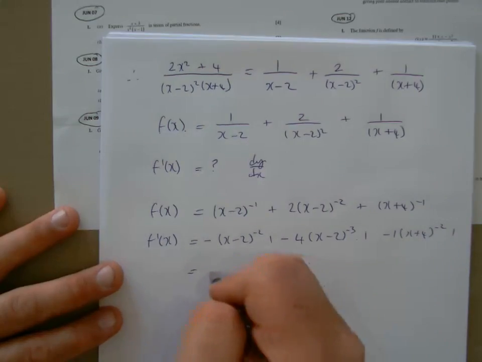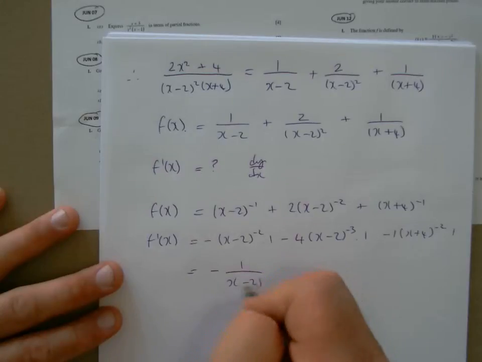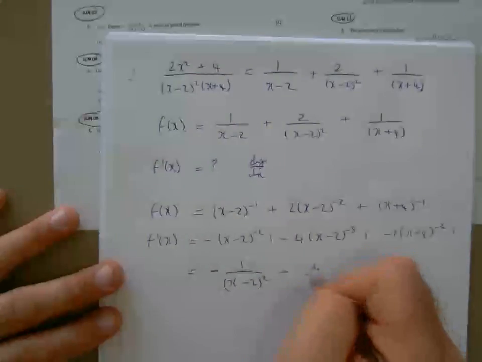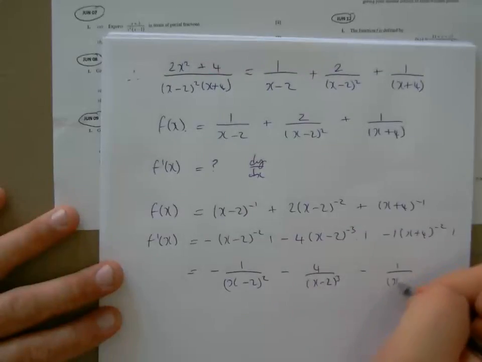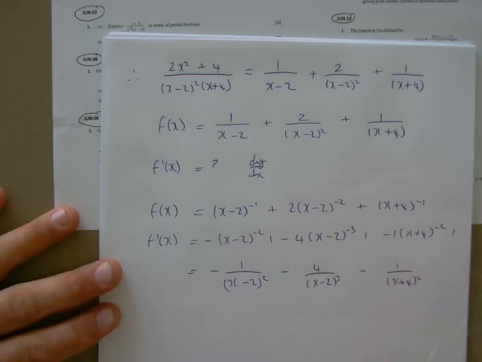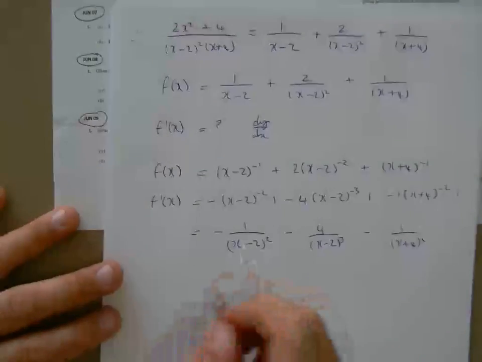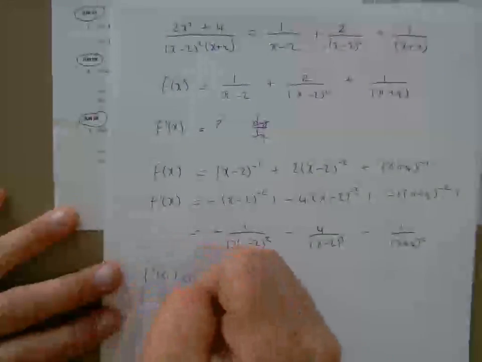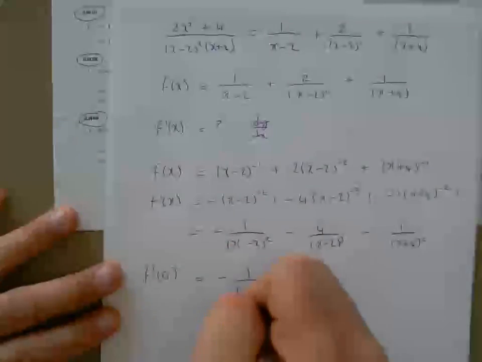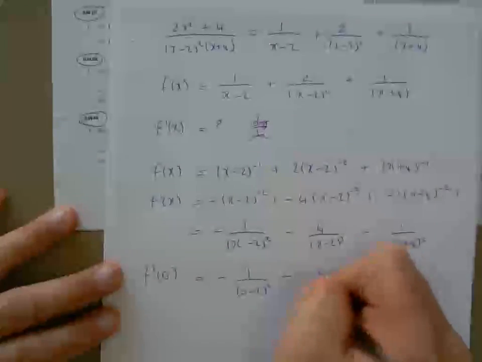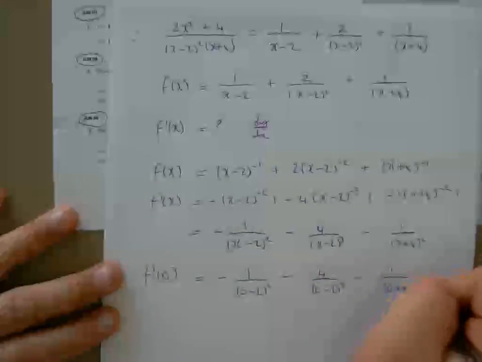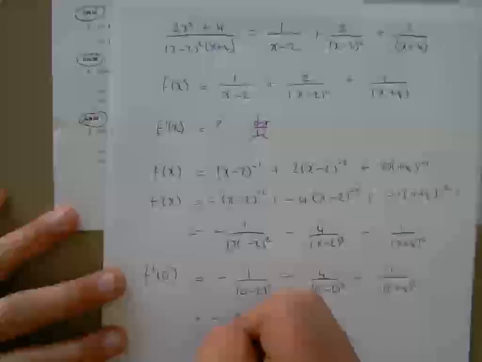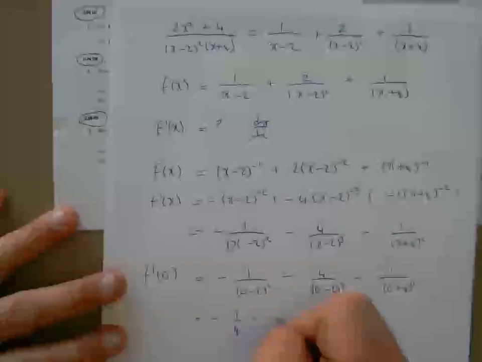So we can rewrite this then as minus 1 over x minus 2 all squared, minus 4 over x minus 2 all cubed, minus 1 then over x plus 4 all squared. That's what it becomes when you take it back down. And they want f dash of 0, so quite simply you just put in 0 in here. So this will become minus 1 over 4, minus 4 over minus 8 on the bottom.